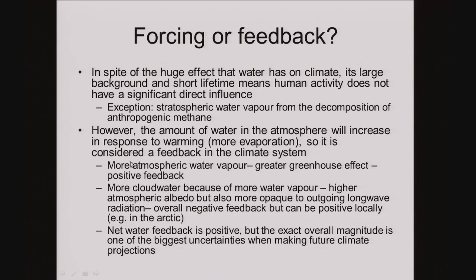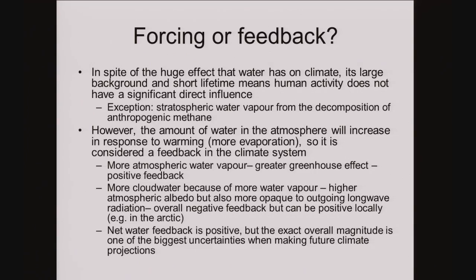We also have more cloud water because, well, we think we do. I'm not sure this is 100% known, but we think this is what's going to happen. Because we have more water vapour, we might have more clouds, which would probably result in a higher atmospheric albedo, because clouds tend to reflect radiation.